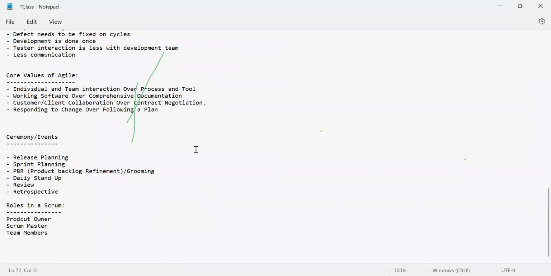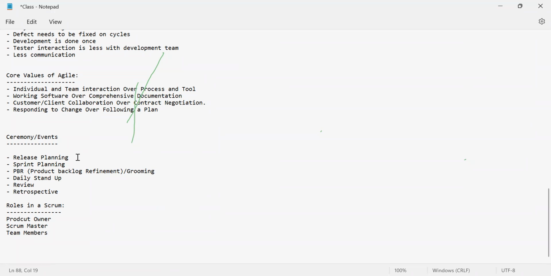So what is done is resources, sprints, stories. How many stories, how many resources, how many sprints, when will the product finally be in production? All this will be discussed.